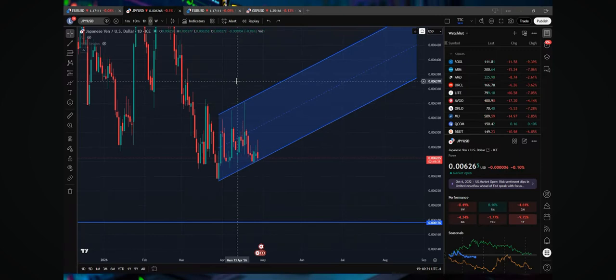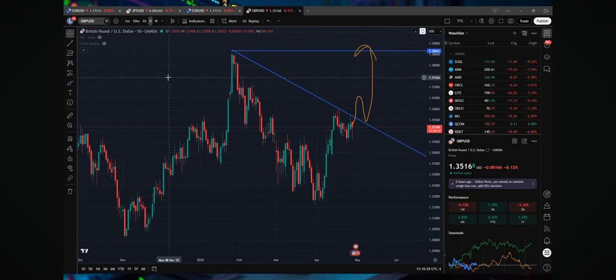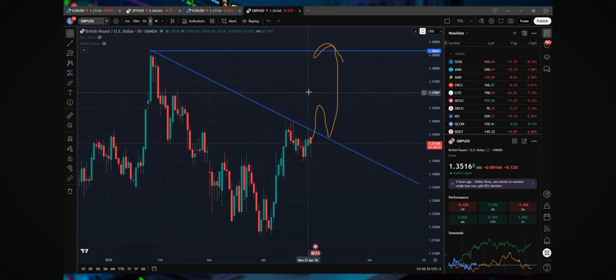The next one I want to talk about is the GBP USD, and we'll go back to the DXY afterwards. The Great British Pound, still, guys, you can see that this trend line is providing some good resistance, at least for now.